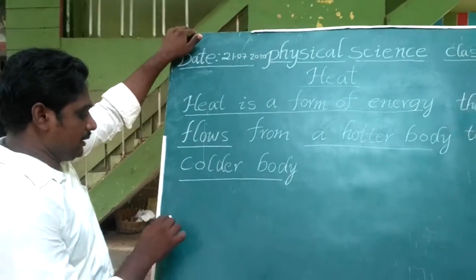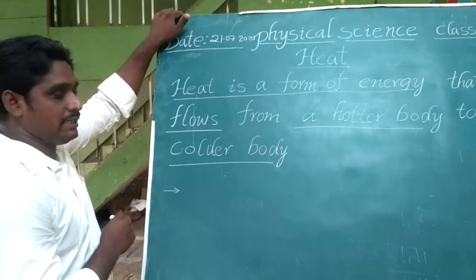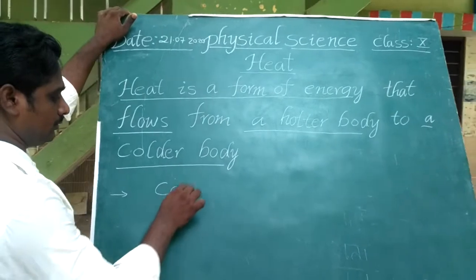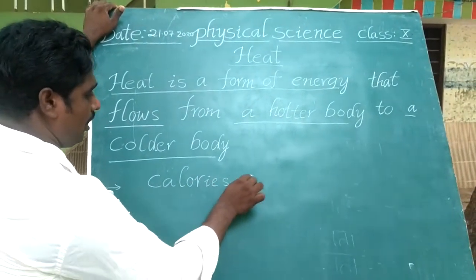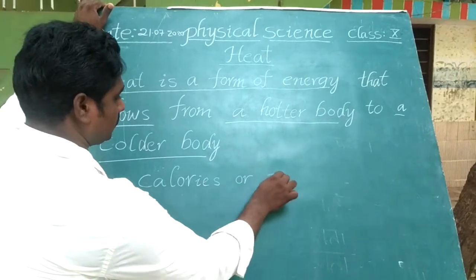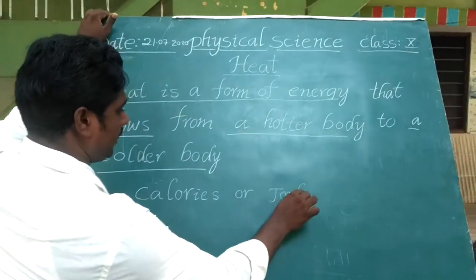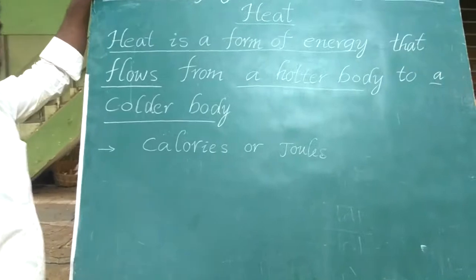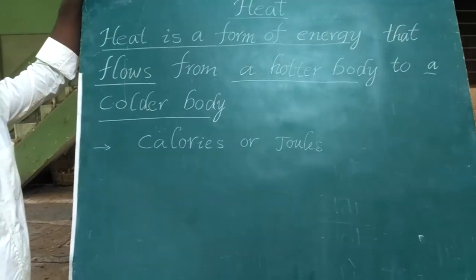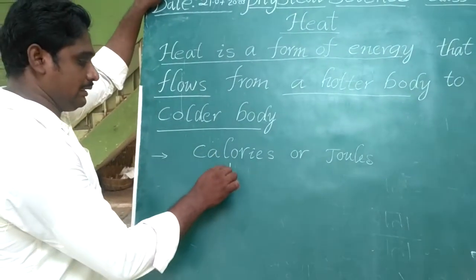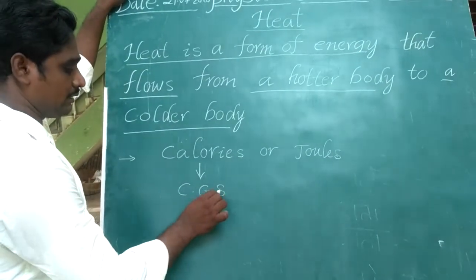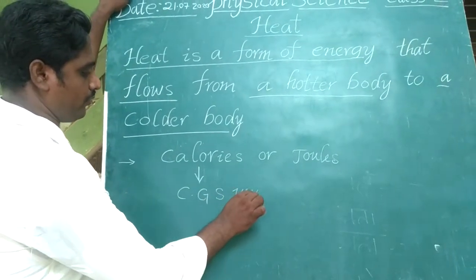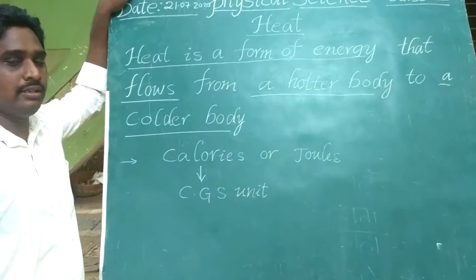The heat is measured in calories. Calories are joules. The Celsius unit of heat is the calorie.